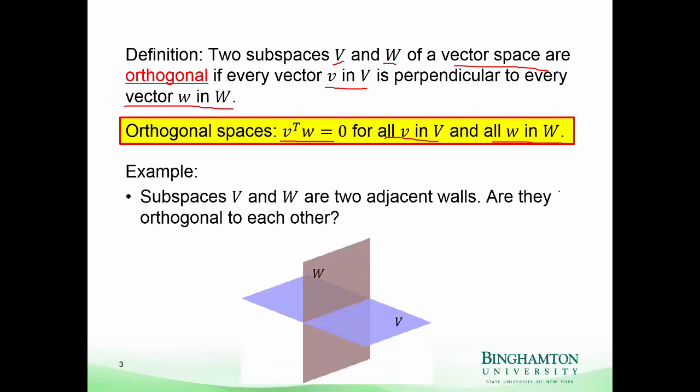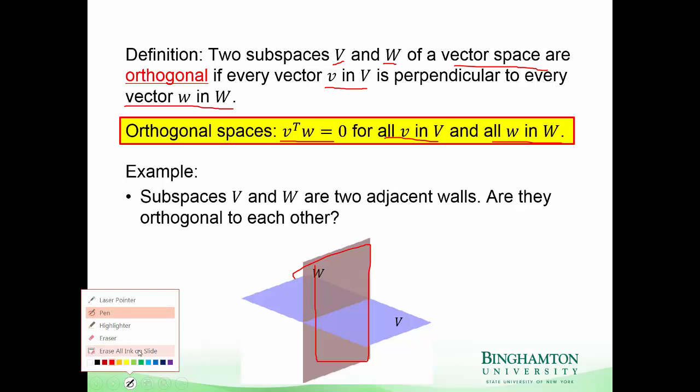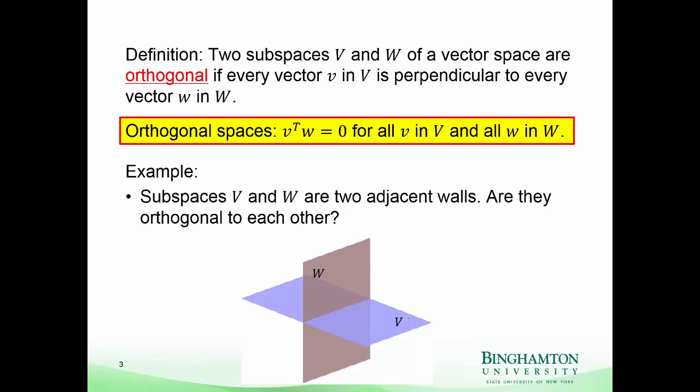So here's an example. Are these two subspaces orthogonal to each other? We've got the W subspace, which is this plane. We've got the V subspace, which is the other one. And you might think, we should show the origin. Let's say the origin is there. We might think that they are, because we would say, well, here's a vector, there's a vector. They're orthogonal. These are all orthogonal.